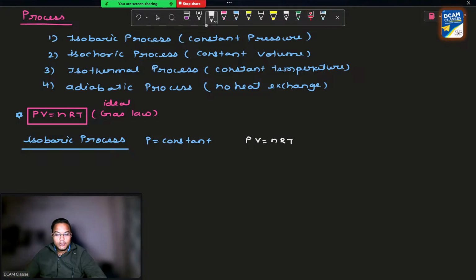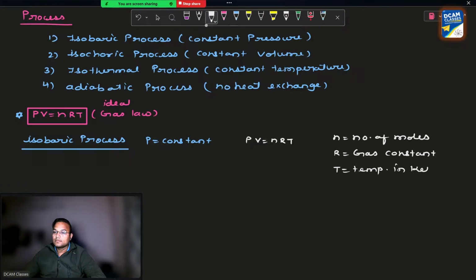Haripriya, do you know this? Yes, sir. Where n represents the number of moles. R is the gas constant. They should have taught you this in your chemistry classes in properties of matter. T is temperature in Kelvin. P is pressure and V is volume.